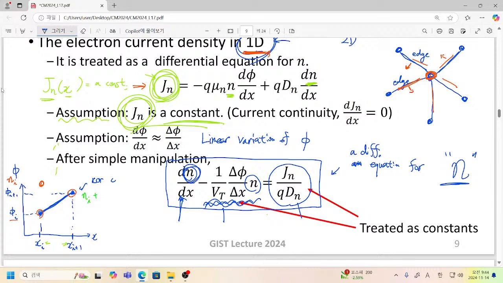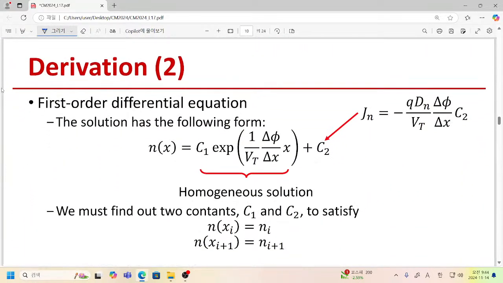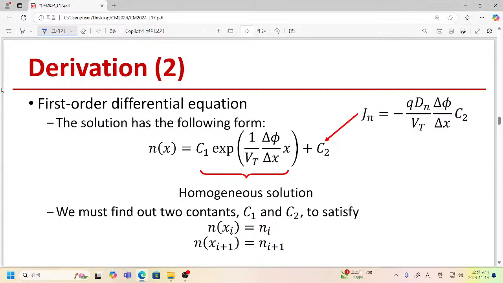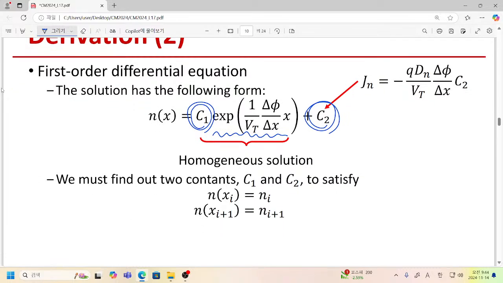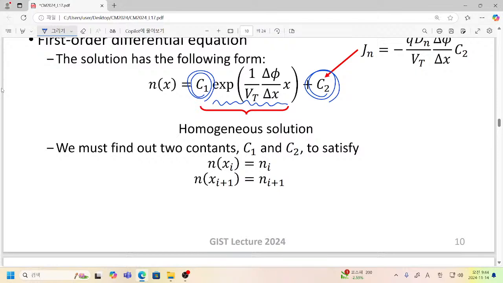It is really easy to solve this problem, because here we have a basis function which is exponentially changing, and of course we have two unknown coefficients, C1 and C2. However, C1 and C2 can be easily obtained from the boundary conditions.